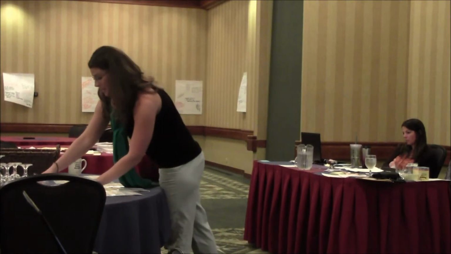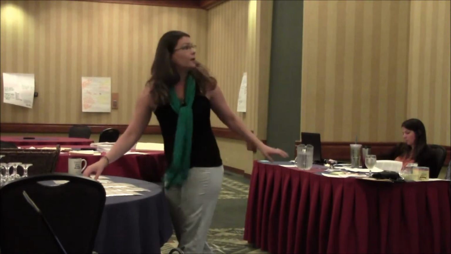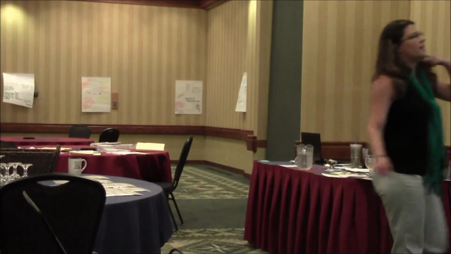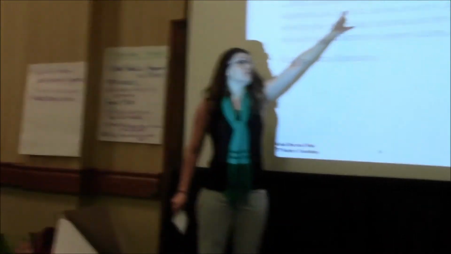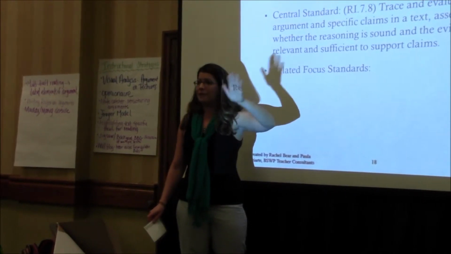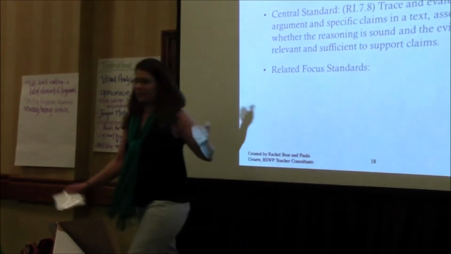So I did pick reading informational standard 7.8. Okay, and then just again for the coding for people who don't know, that's how this is coded. RI is reading informational. If you don't teach language arts though, it's just reading for you because you don't have reading literature and reading informational. Grade 7, standard 8. Okay?